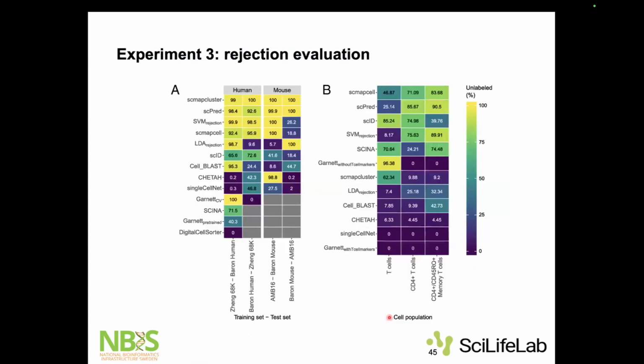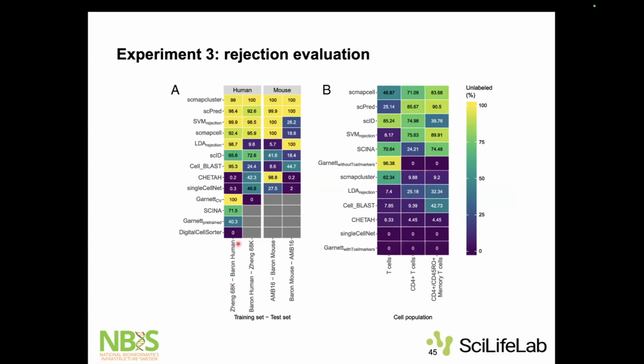So experiment 3 that they did was just a rejection evaluation. They wanted to see how well the classifiers can reject. What they did here, they chose 2 very distinct data sets and trained on one and tested on the other. For example, they trained on PBMC and then tested on pancreas.